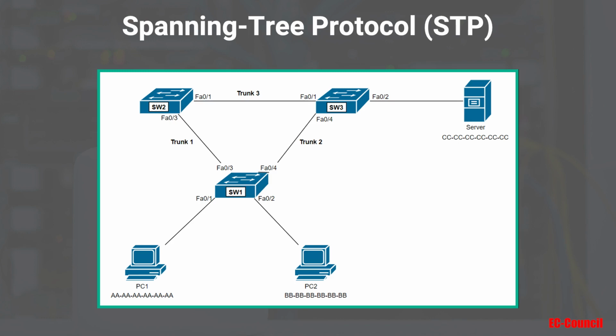So switch 3 will broadcast it out of this port. Switch 2 will receive the message and have no idea where the server is located, so switch 2 will broadcast it out of all ports. The message will come back down to switch 1, it will be broadcast, and this will be a never-ending cycle. In other words, it's what we call a layer 2 loop that can exist on a network.